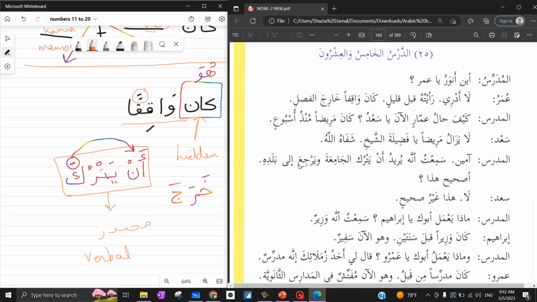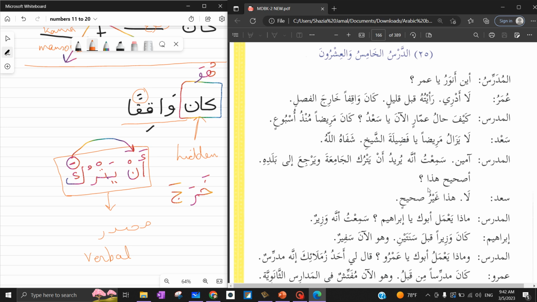Wa yarji'a, not yarji'u, because it is following the same Arab. Why is it following the same Arab? Because of waw atf. As we know the rule of atf, anything that comes before waw will follow the same Arab after the waw. And it is called ma'atuf. Ila baladihi, to his country, like he heard that he wanted to leave the university and wants to go back, to return to his country.